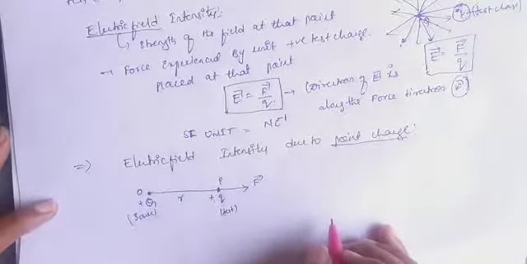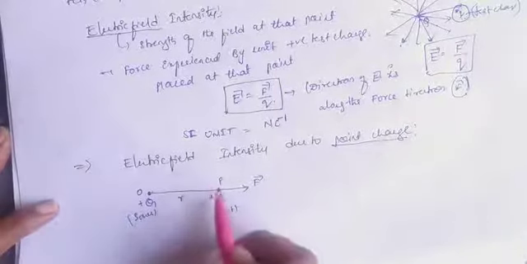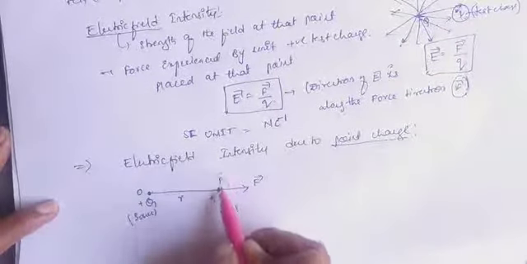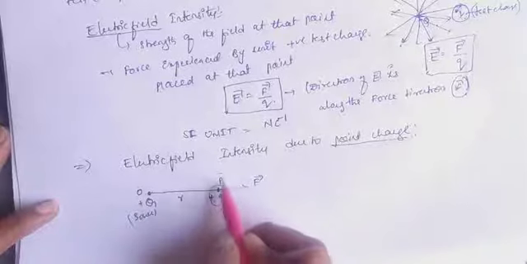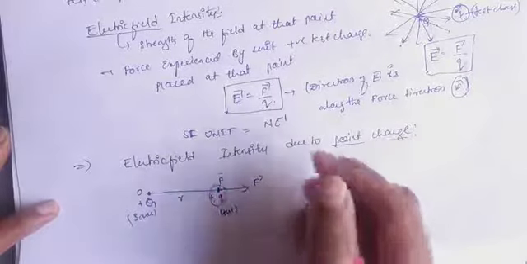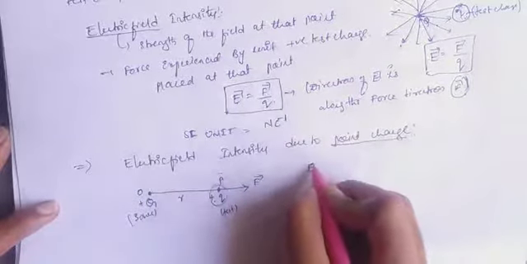Now I want to get the electric field intensity at this point P. Electric field is equal to the force experienced by the test charge. Let us consider Q naught as the test charge.